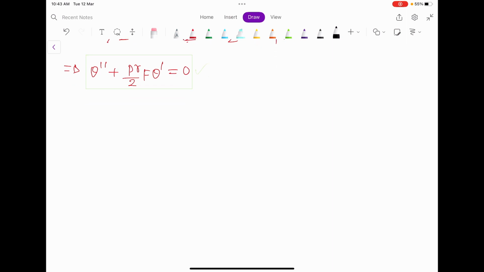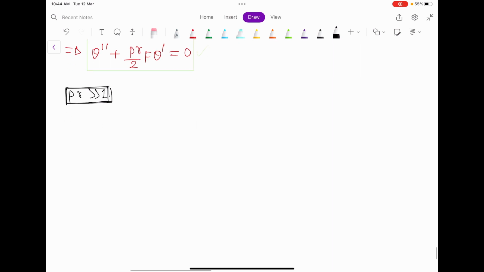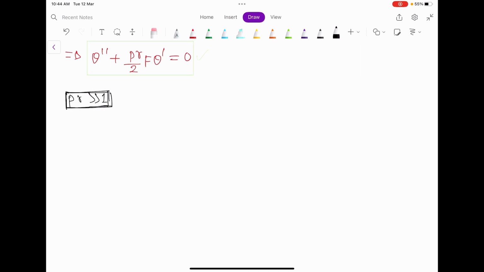So I have two cases. One is Prandtl number much less than 1. So let me solve the first case, Prandtl number much greater than 1. Okay, so this is my first case. So for Prandtl number much greater than 1, what I can do is, I know the solution of f, so f is not an unknown here, just keep this in your mind.